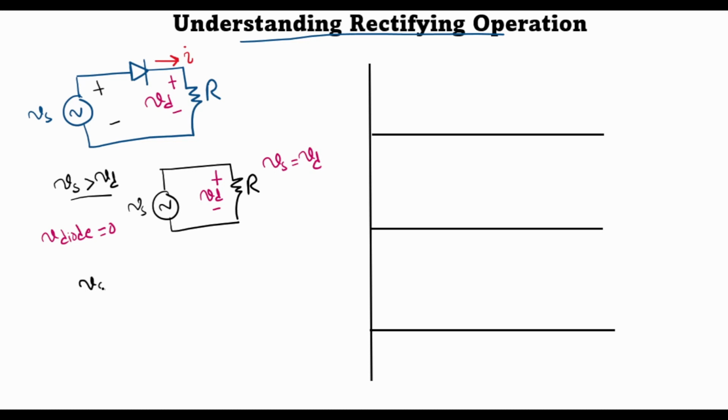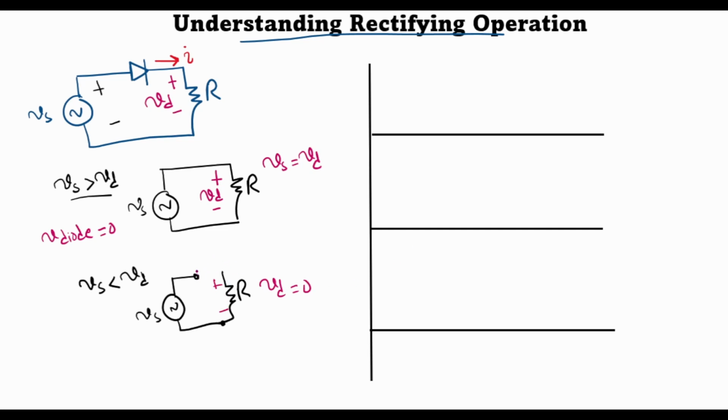Now when the supply voltage becomes less than the load voltage, in this case the diode becomes reverse biased and does not conduct. Thus the circuit becomes open and there is no connection between the output resistance and the source voltage. Therefore, the load voltage Vd becomes equal to 0.